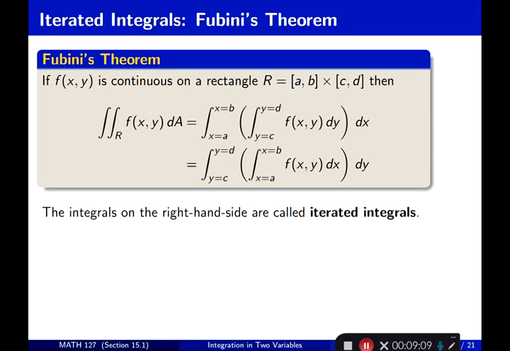Things to notice, especially in the beginning: instead of writing integral from a to b, we have to remember to write integral from x equal to a to x equal to b, because x is changing for the outer one. And for the inner one, you write y equal to.